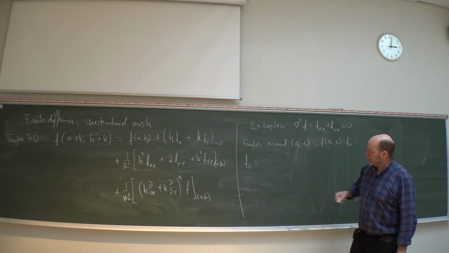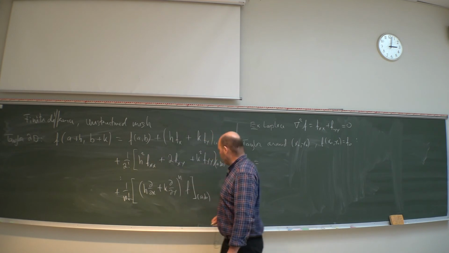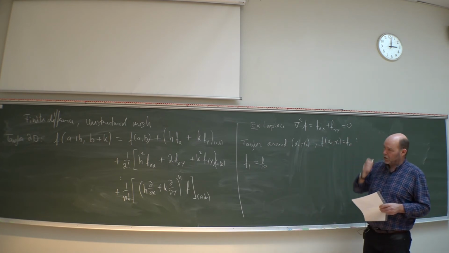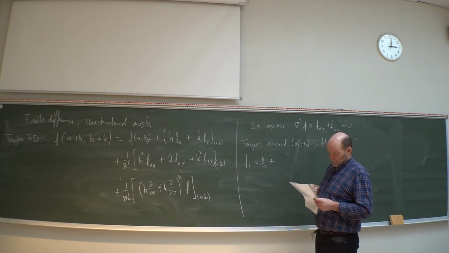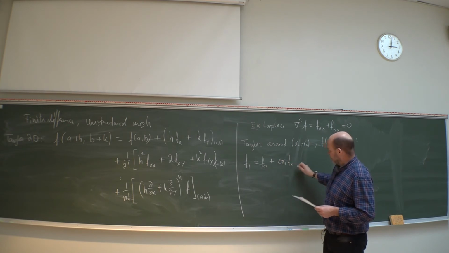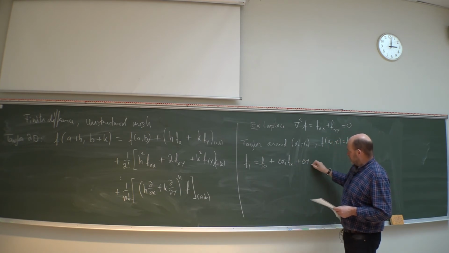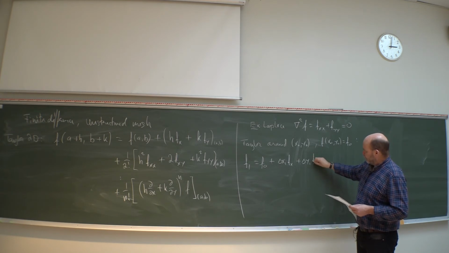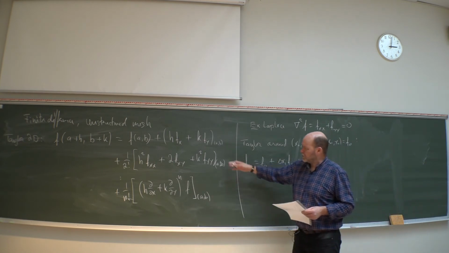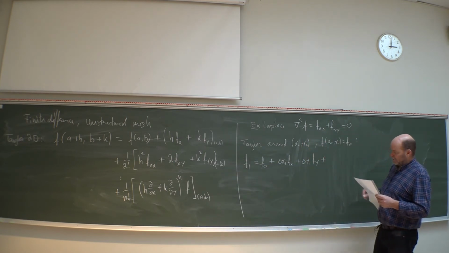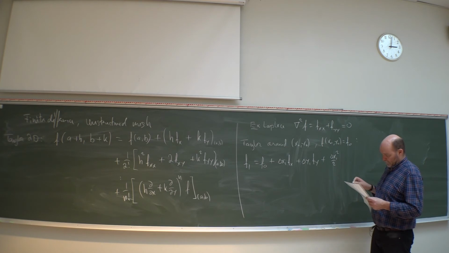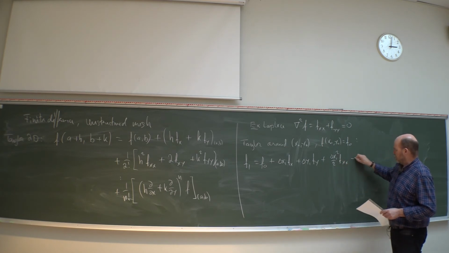What will it be? Well, it will first be the center point, f0. And then we are going to need, if you go in the x direction, delta x1 fx. If you go in the y direction, you will have an fy. And then we are going to need some of these second order terms as well. Here we will now have, what will it be? Delta x1 squared, half, double derivative and so on.